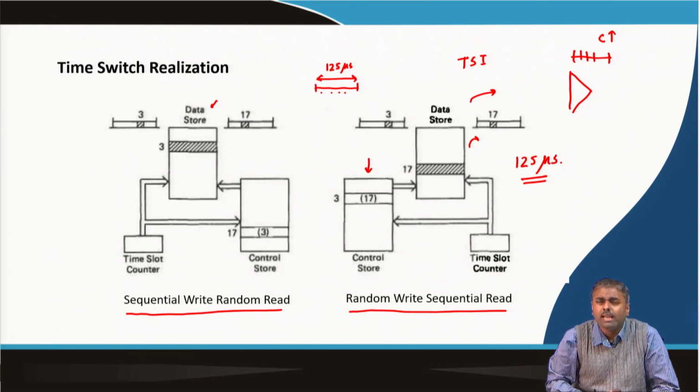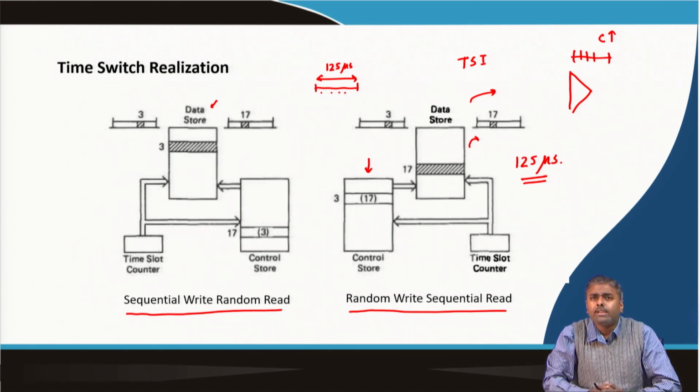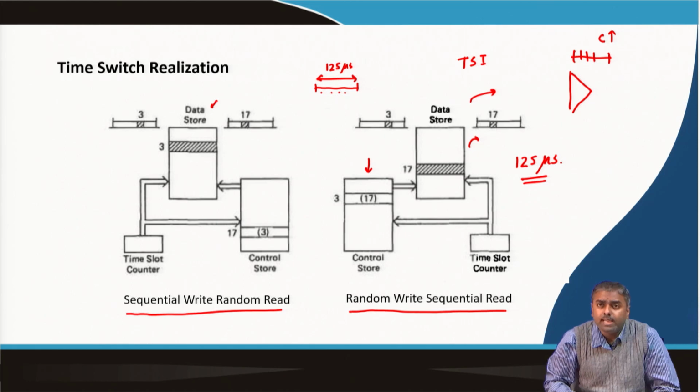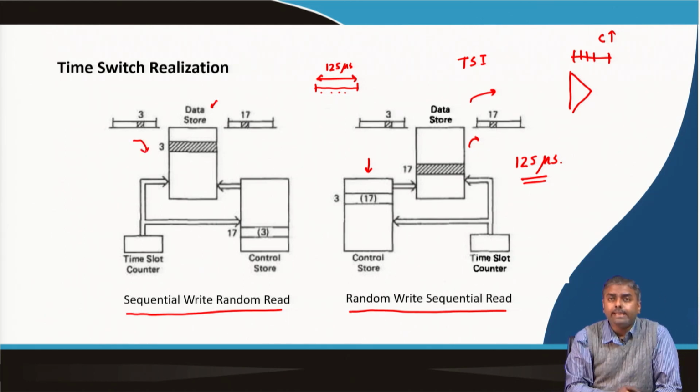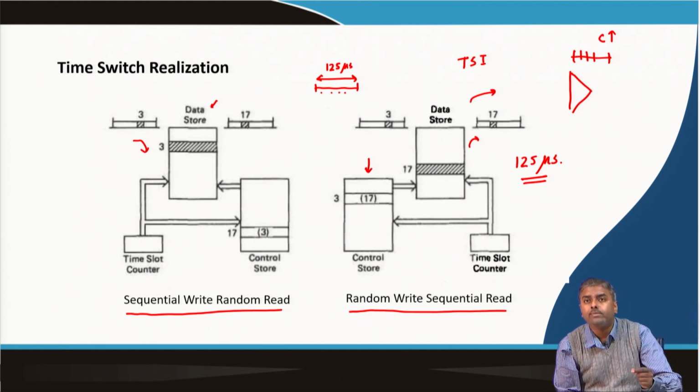Let us try to see within this 125 microseconds how many things we are actually doing. So, basically at the input we are writing to the memory. So, that is one operation. Byte by byte we are writing.